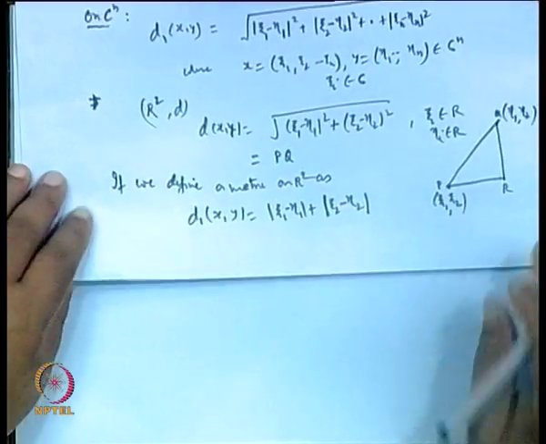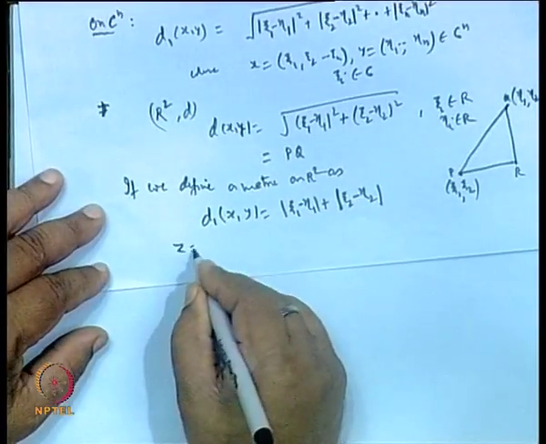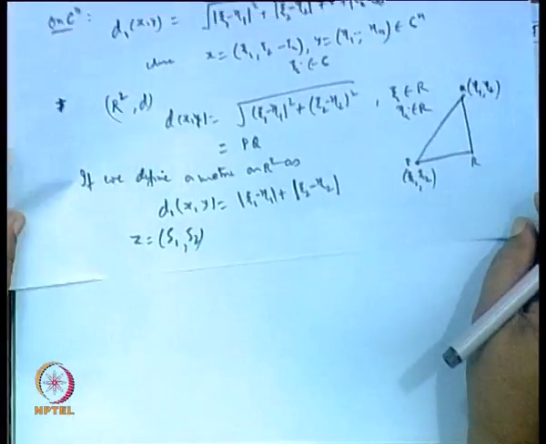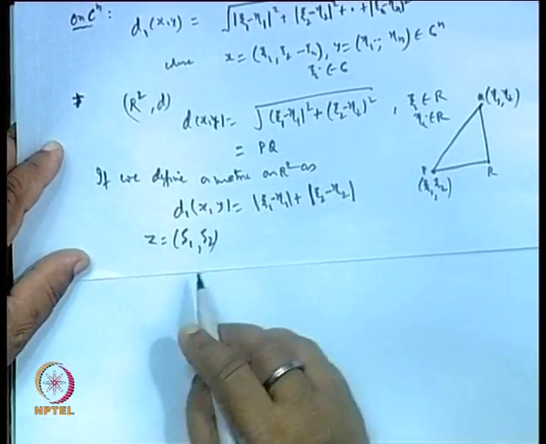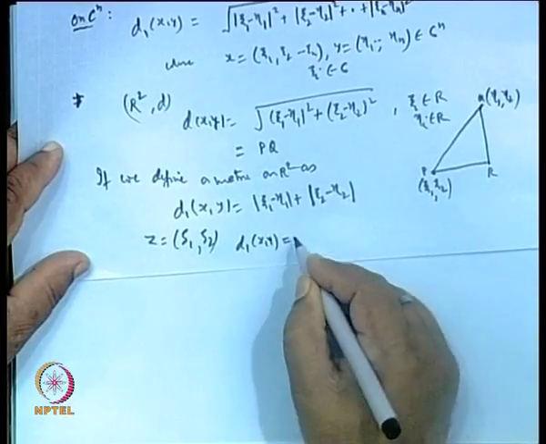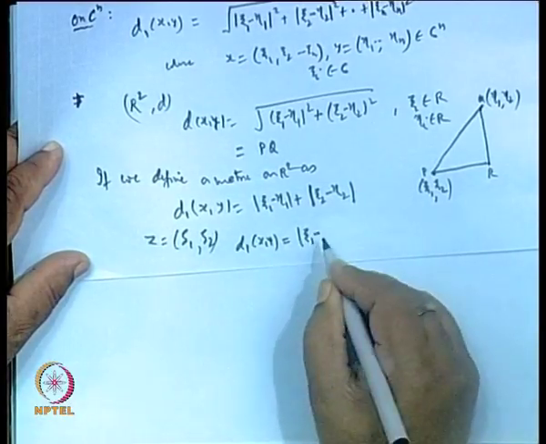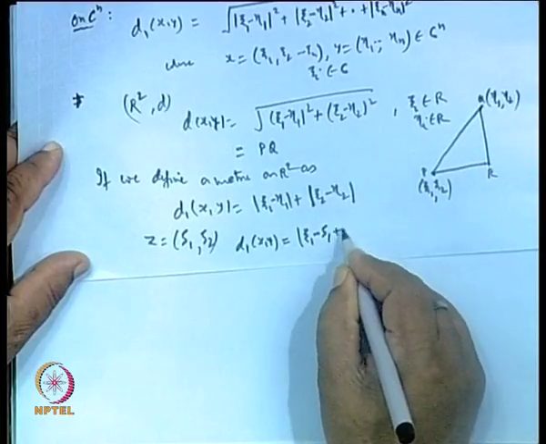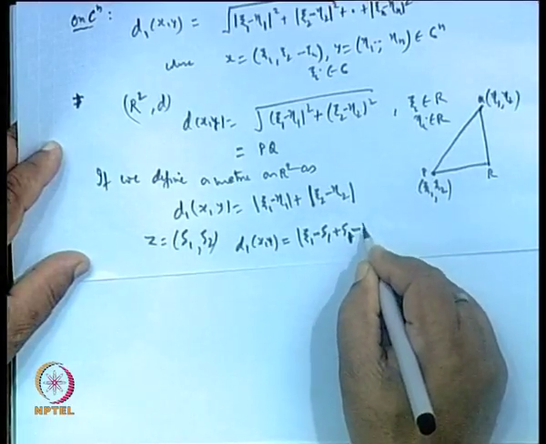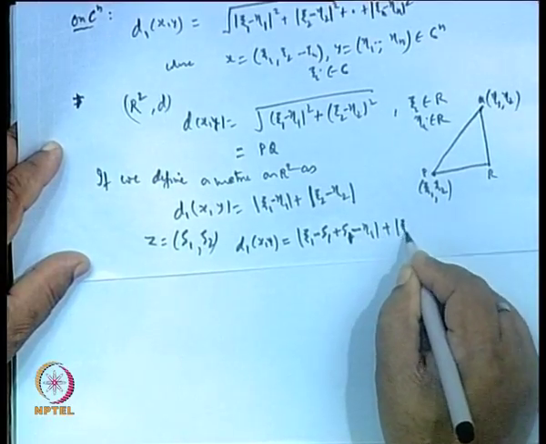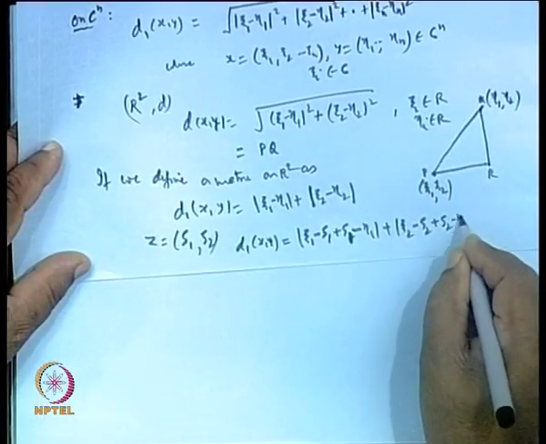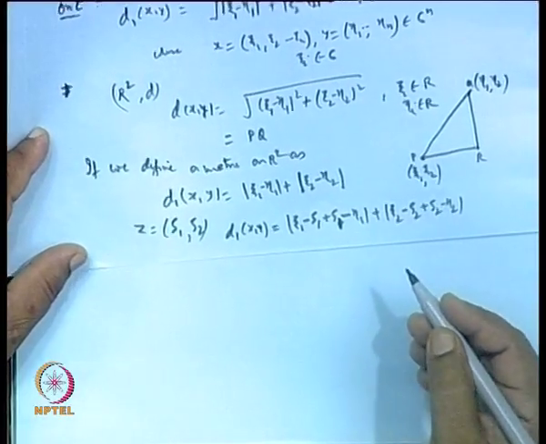Suppose I take a point z, which is another point with coordinates zeta 1 and zeta 2. Then d1(x, y) will be equal to mod of xi1 minus zeta 1 plus zeta 1 minus eta 1, and here I am adding and subtracting, say, zeta 2, and then applying the triangle inequality for the modulus function.